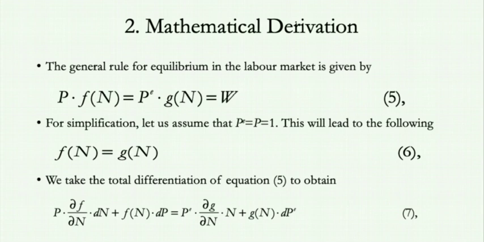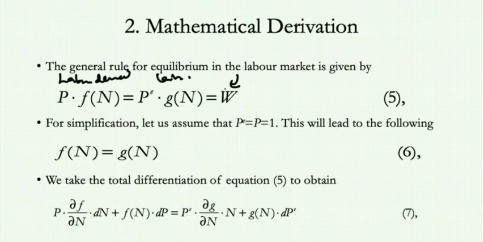Now we know that the general rule for equilibrium in the labour market is given by equation 5 here, in which we have nominal wage, labour demand, labour supply here. In real terms, we have different.